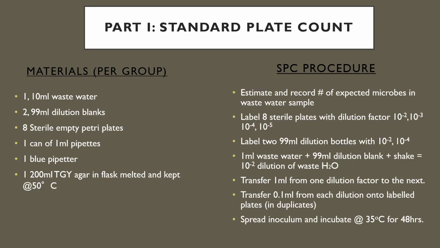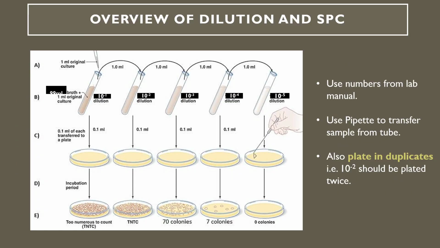Okay, so for these procedures and materials, you don't need to know these too much. But I just wanted to show you real fast how these dilutions work. These are called serial dilutions. And so how it works is you take 1 milliliter of your original culture, you place that into a 99 or 9 milliliter broth depending.